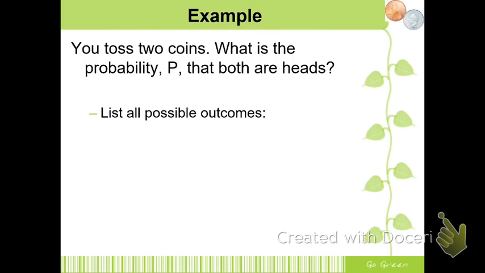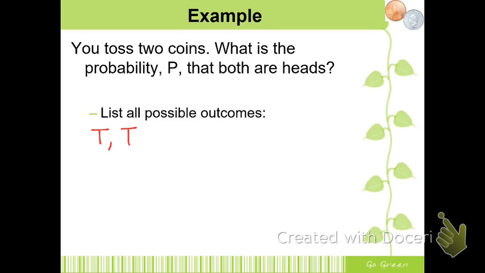So for example, let's say we toss 2 coins, and we want to figure out the probability that they are both heads. One way you can solve these kinds of problems is by listing out everything that could possibly happen. So if I flip 2 coins, I could get a tails for both flips, the first and the second.